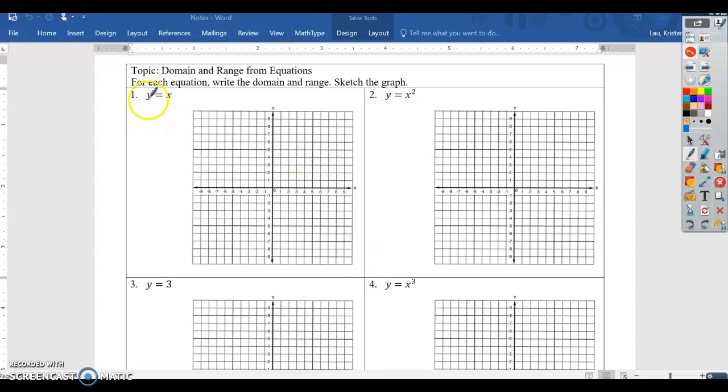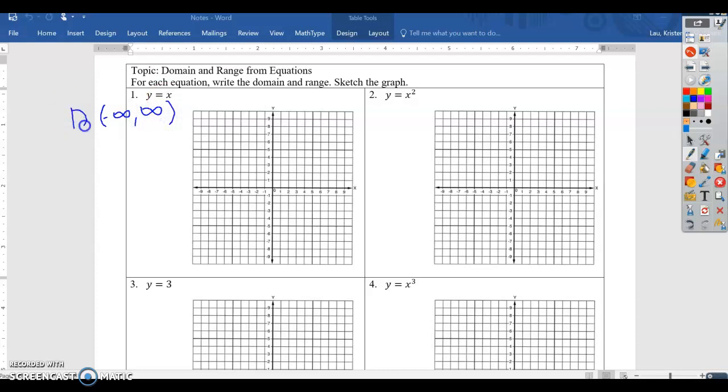So if y equals x, we should know that's a linear equation. That's a line. And so we know that lines always go on forever. So if we were going to write the domain and the range, I'm going to write it in interval notation. It should go from negative infinity to positive infinity.